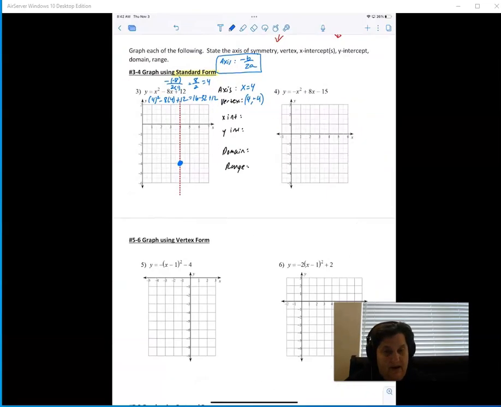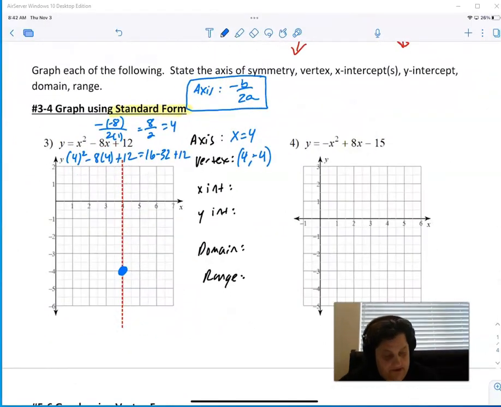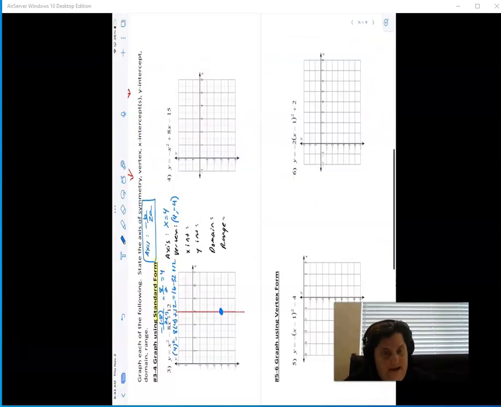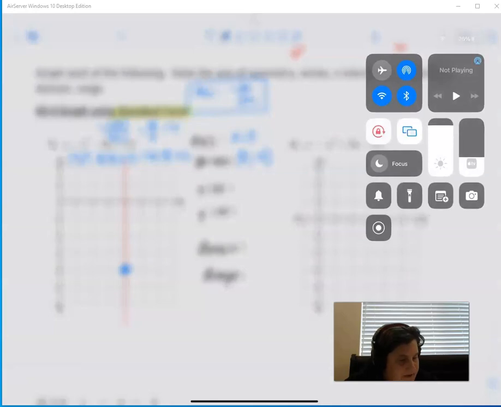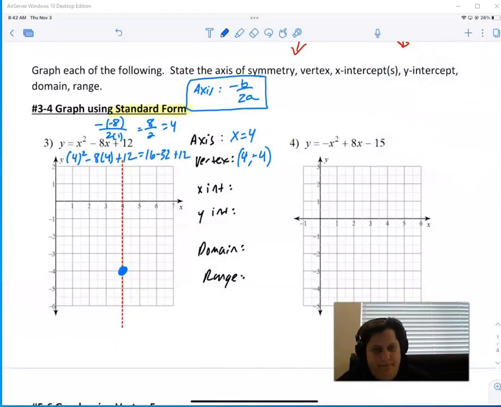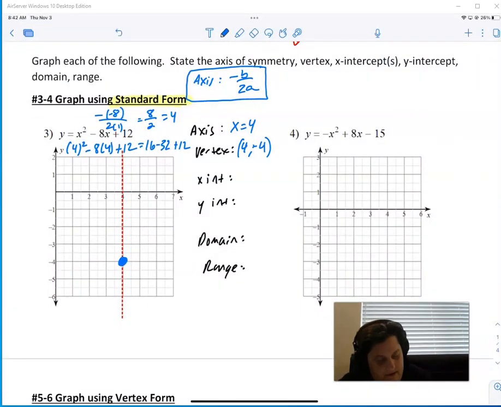Now, the next thing I need you to remember for standard form is that the x-intercepts come from factoring.